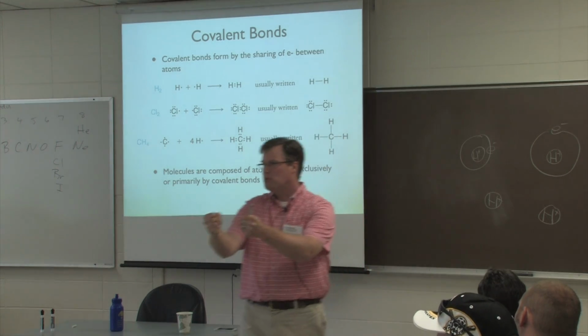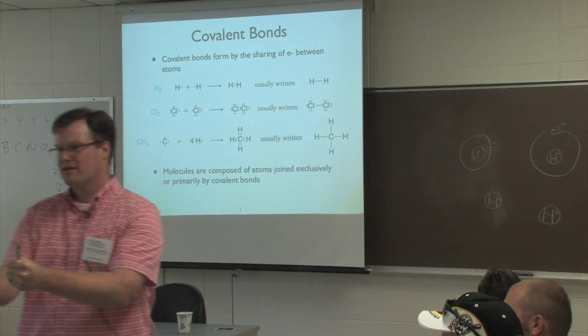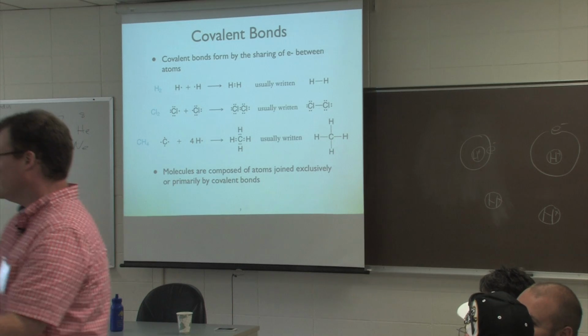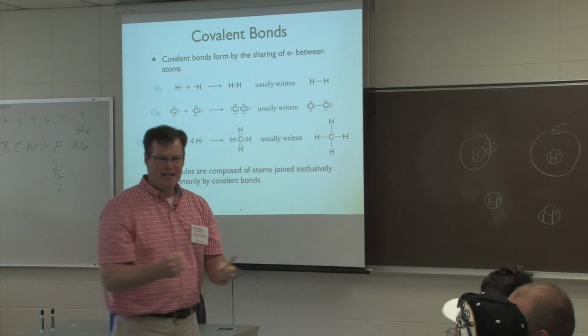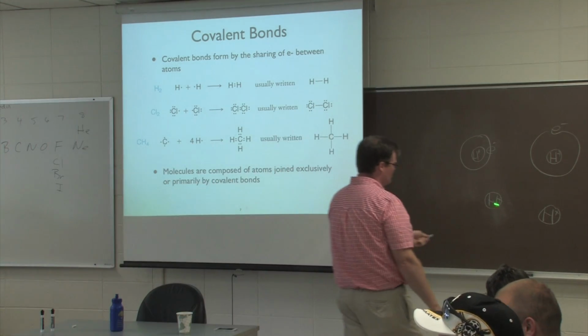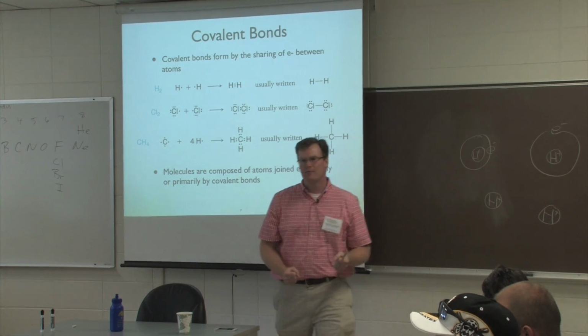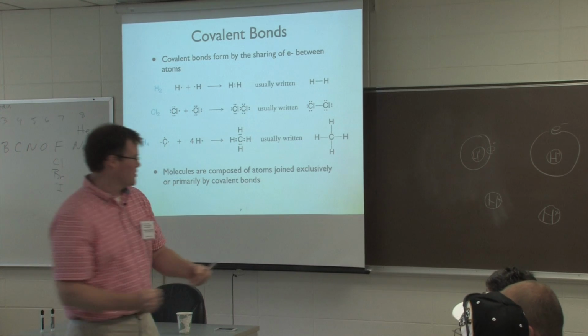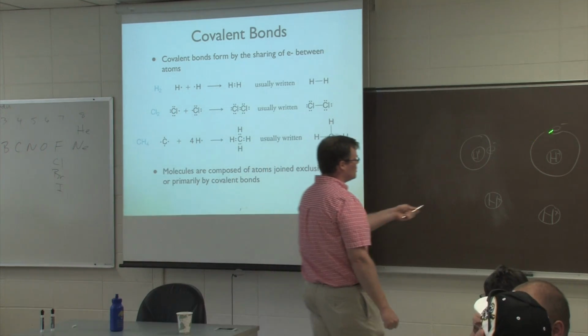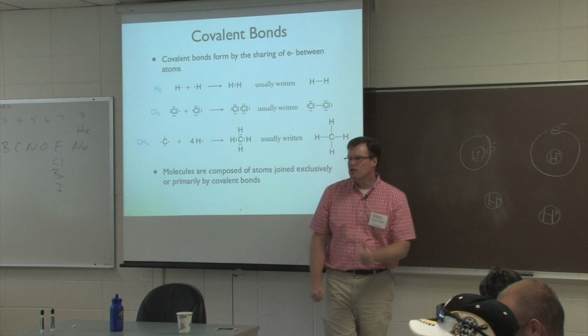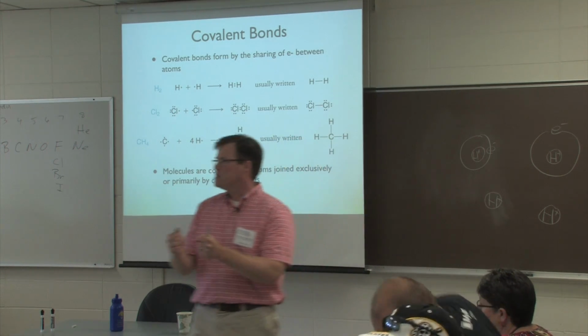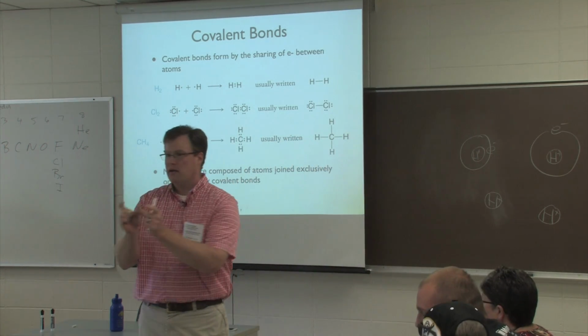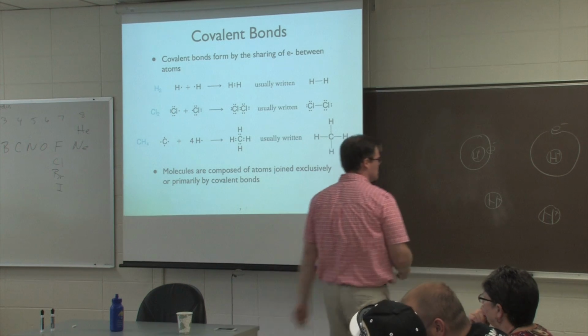What happens when you bring 2 positive ends of a magnet together? They repel one another, right? You can't bring them together. It's going to be impossible to bring these 2 positive protons together, unless you have a super collider or something like that, which we don't. But if you have these 2 electrons here, we can use those electrons as the glue that holds these 2 nuclei within the distance of a bond.